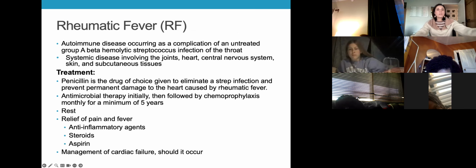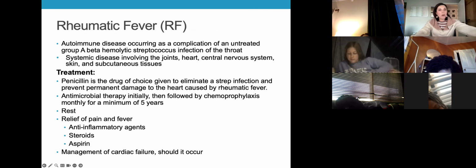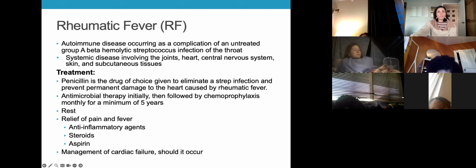When we're talking about rheumatic fever, it is an autoimmune disease that occurs as a complication of our untreated strep infection. So it involves our joints, our heart, our nervous system, skin, and subcutaneous tissues.